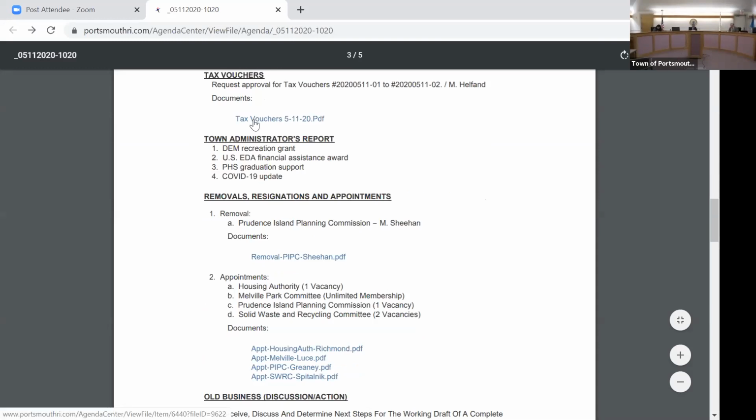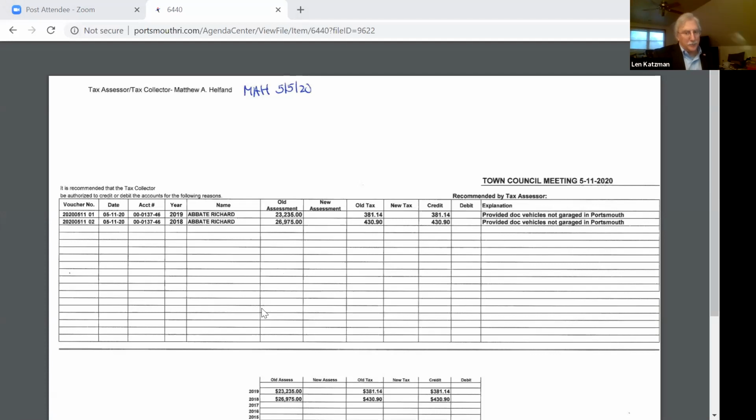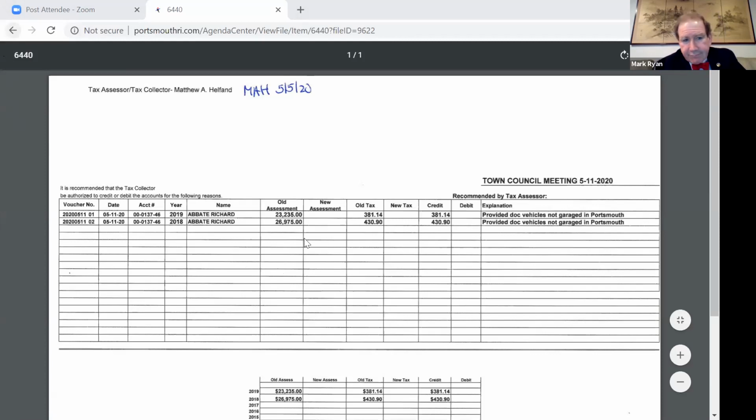On to tax vouchers. We request approval for tax vouchers 2020-0511-01 to 2020-0511-02. Keith Hamilton, move to approve as presented. Katzman, second. We have a motion and a second.